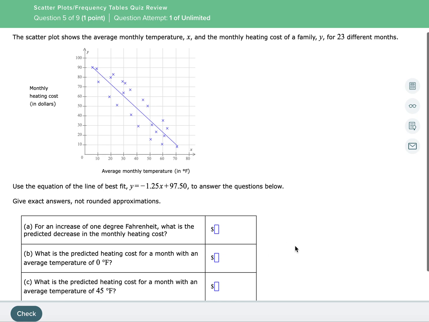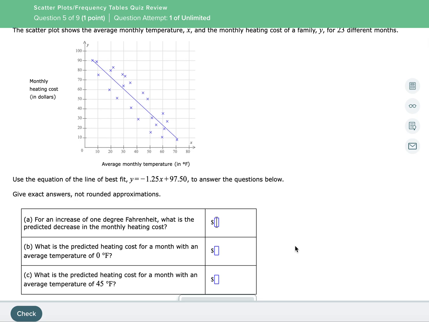So the hardest part about this is just trying to figure out what they are asking us. This first question says, for an increase of 1 degree Fahrenheit, what is the predicted decrease in the monthly heating costs? Well, the easiest way to think about this is to ask yourself, if the average monthly temperature was 0, so my x value is 0, because average monthly temp is on your x-axis.